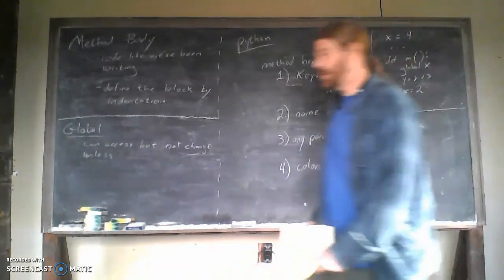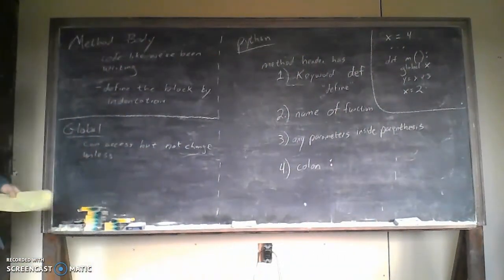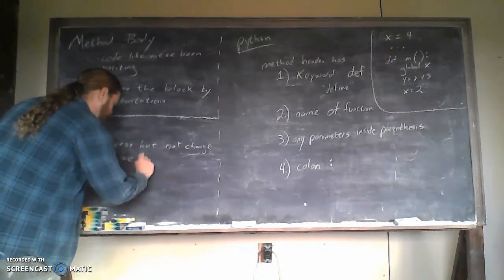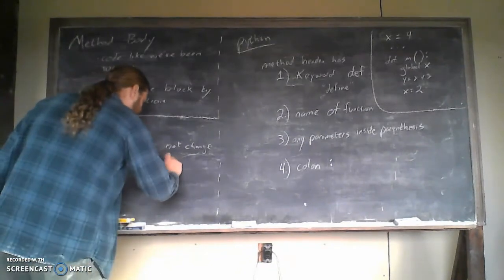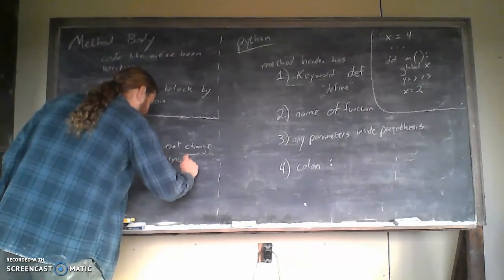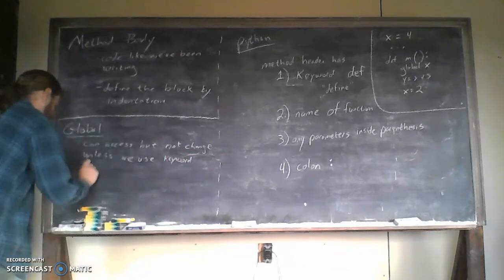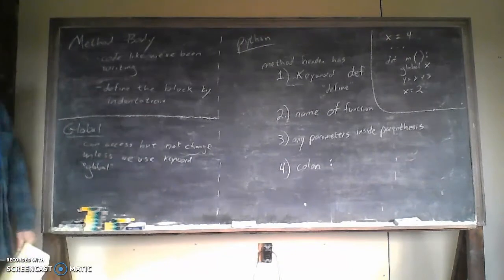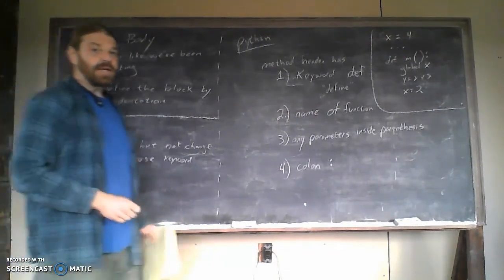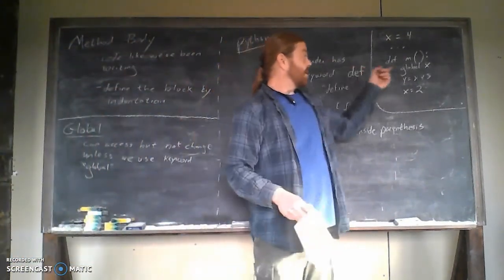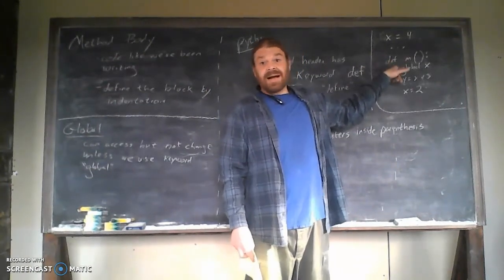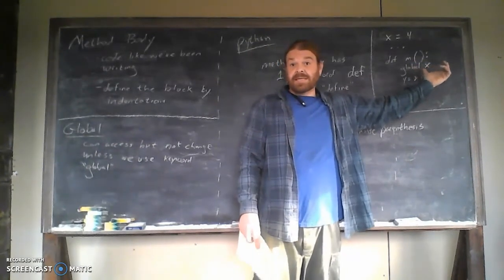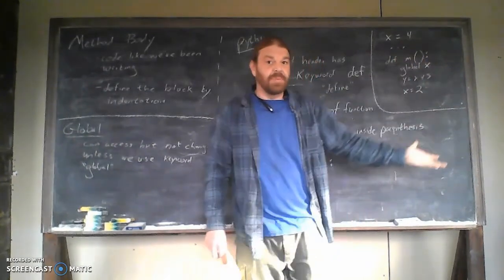I guess I don't need to erase that. So we can access but not change unless we use the keyword global. And personally, my own personal style, I just always go ahead and use global. I always put that keyword in there even if I'm not going to change it, because obviously that's going to show up in debugging.